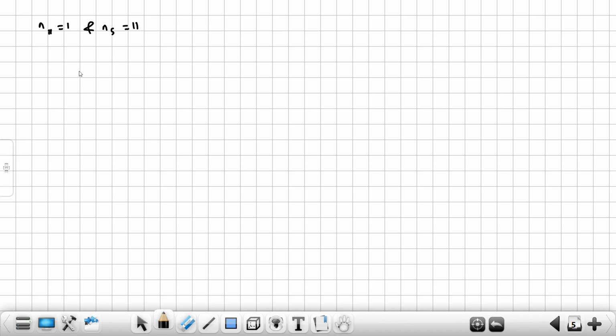The size of the conjugacy classes of the 10 non-trivial elements in H1 is equal to 5, and they must partition 10.